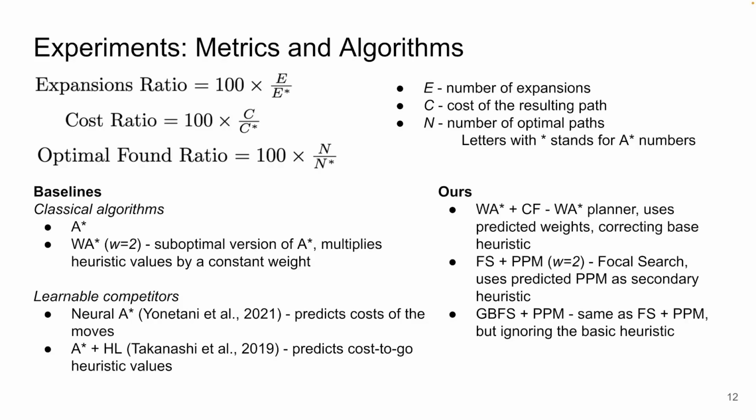Here is a list of the methods we consider in our experiments. A-star and weighted A-star are non-trainable baselines. Neural A-star with predicted cost of the moves and A-star with predicted perfect heuristic are trainable baselines. Our approaches include weighted A-star with predicted CF values and 2 versions of the focal search that utilizes predicted path probability values.